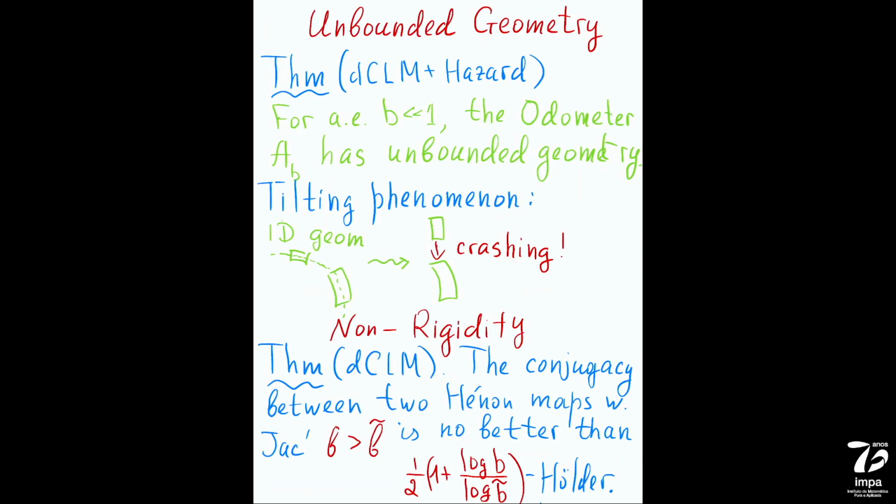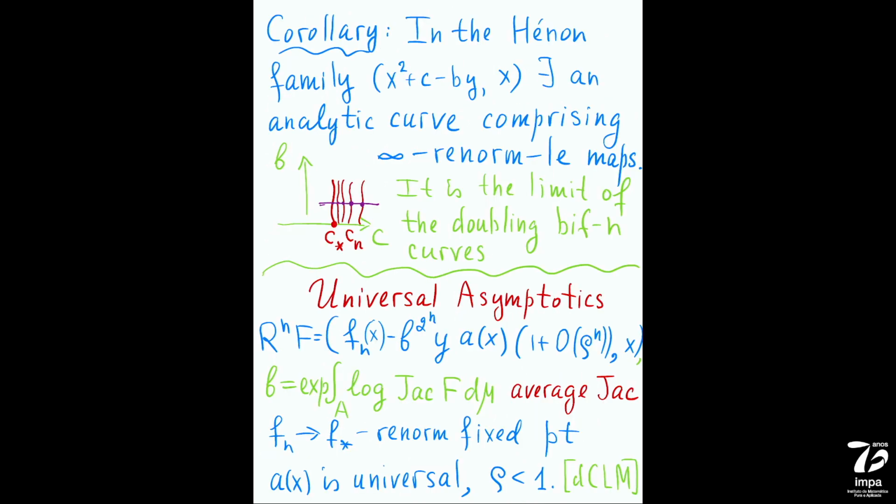Average Jacobian on the odometer, and so the average Jacobian for the normalization will be this power of b. It would look very similar to the Henon family, except that here we also have some universal function a depending only on x, up to exponentially small error. That is the shape of our map.